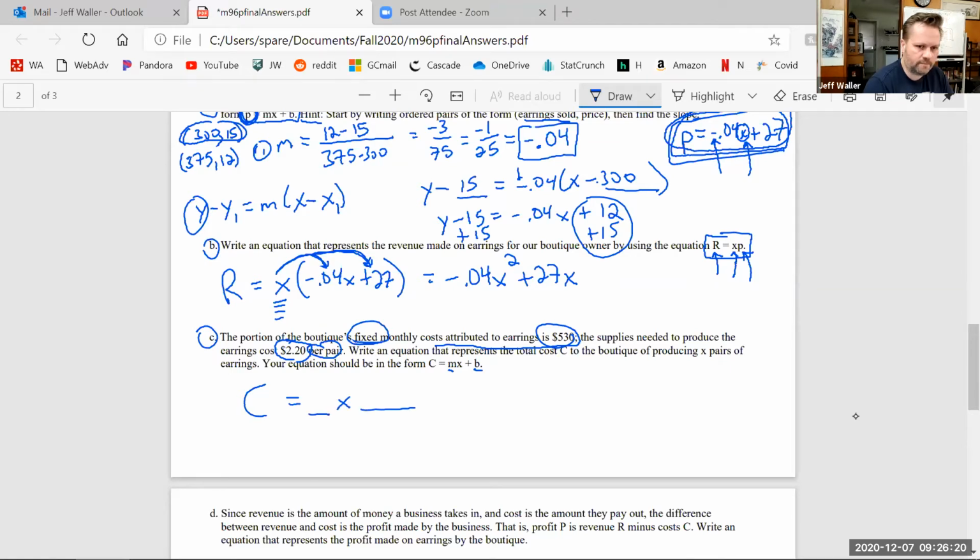M is 2.2 and B is 530, because very often this is called the fixed amount. Because as X changes, does this piece matter? No, right? B is B. As X changes, the MX part changes, right? But the B doesn't. It's the fixed amount. So saying that this is the fixed cost kind of gives that away.